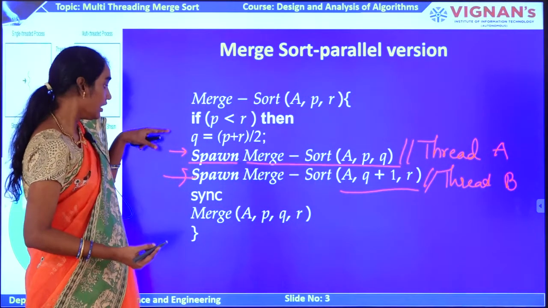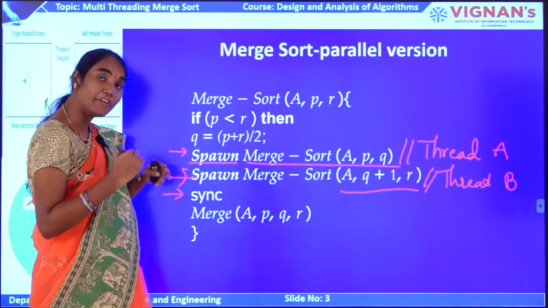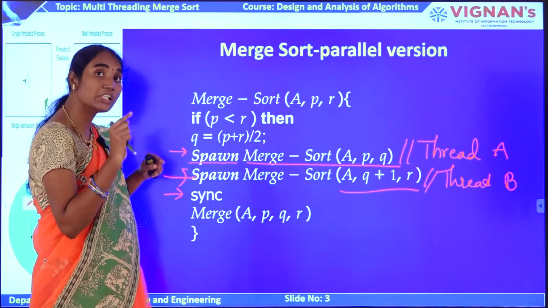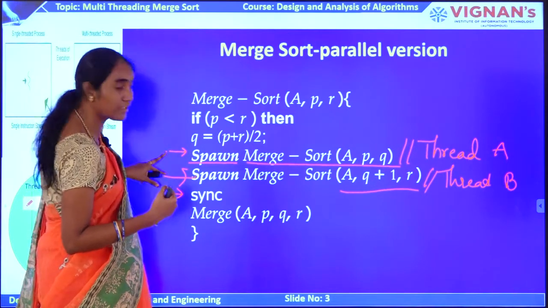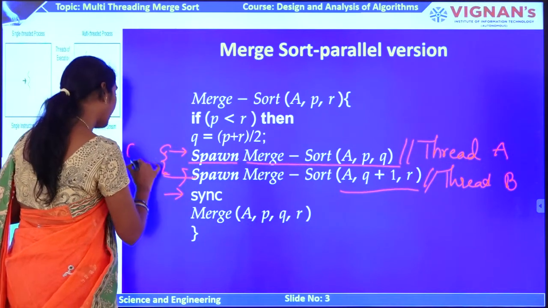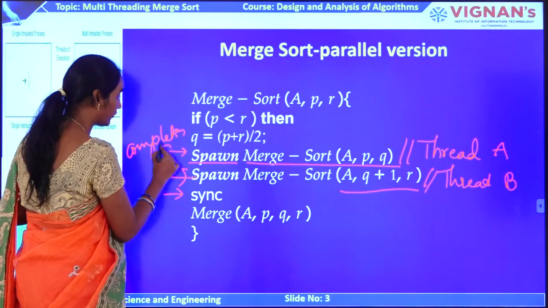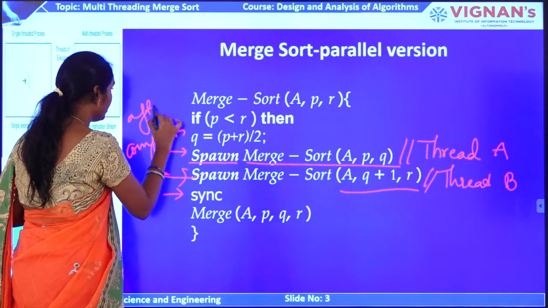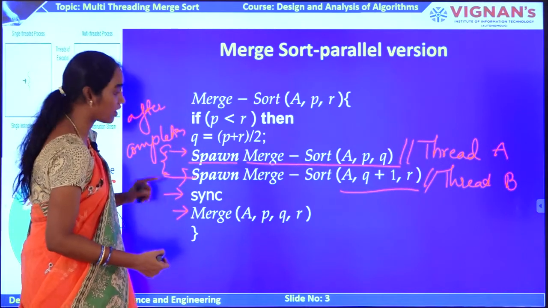Now here is sync. This sync will start whenever the children are completed. Here the spawns are the children. Until the completion of these two, the next instruction will not be started.